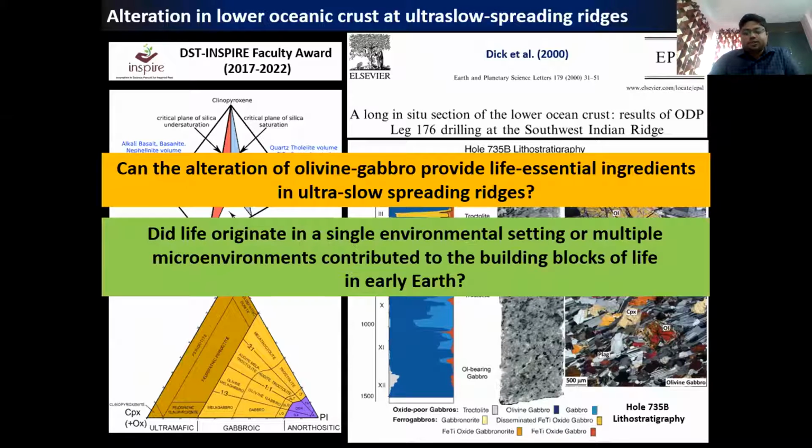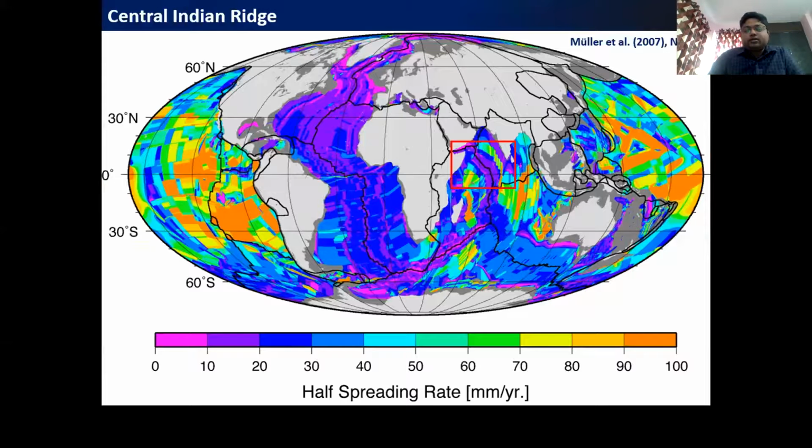And that leads us to the next-level question: did life originate in a single environmental setting, or did multiple microenvironments contribute to the building blocks of life in early Earth? And for this, India has everything, and we don't have to go much farther.